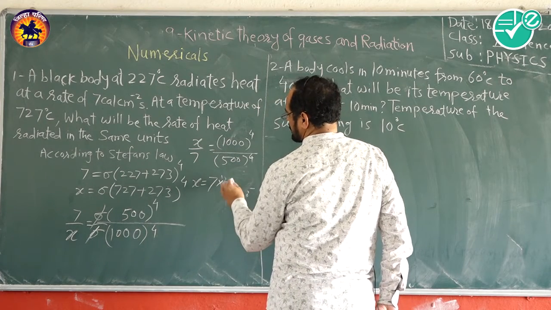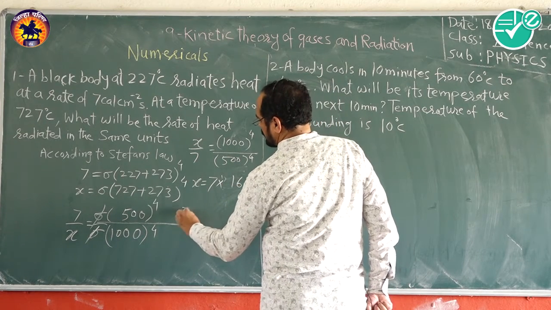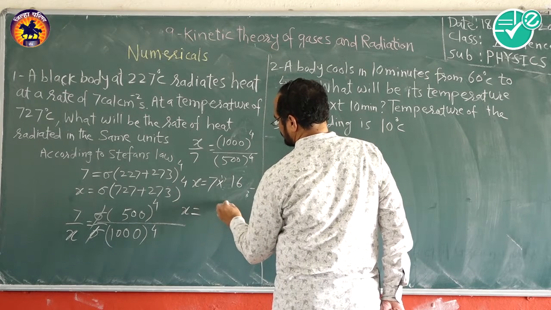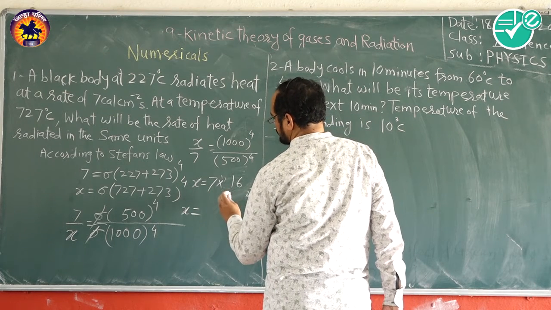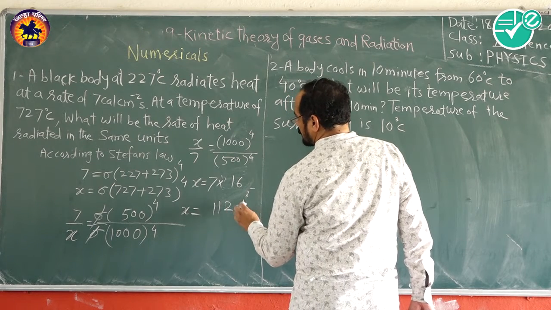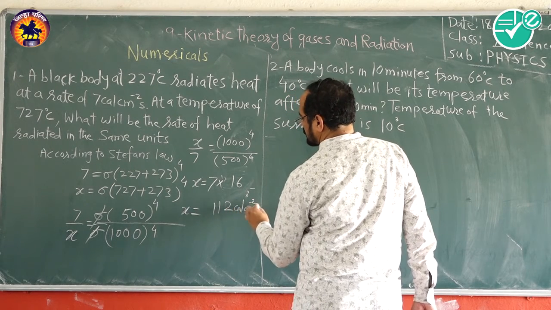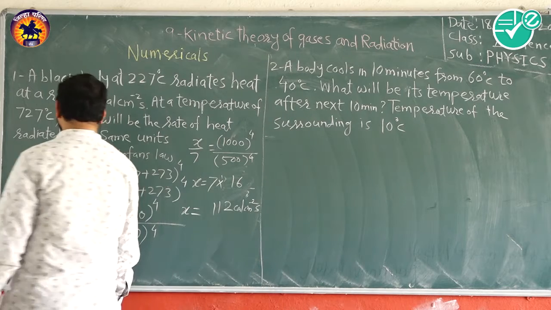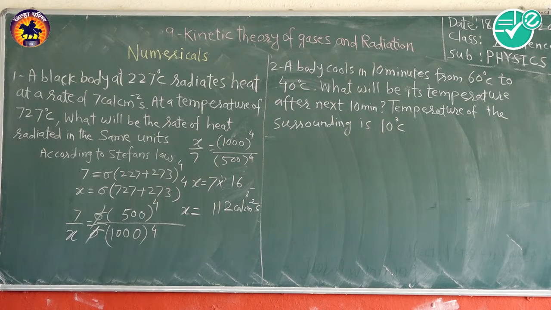So we can write here 16, and x will be equal to 112 calories per centimeter square second. That will be the rate of radiated heat, that is 112 calories per centimeter square second.